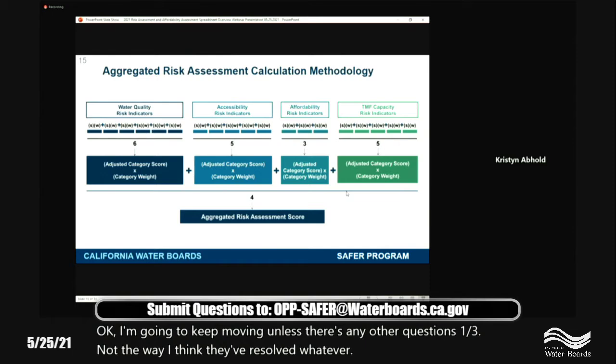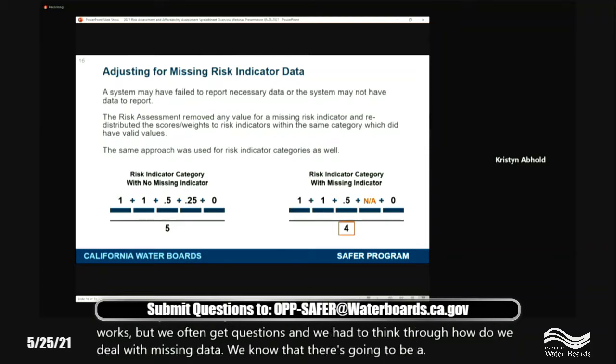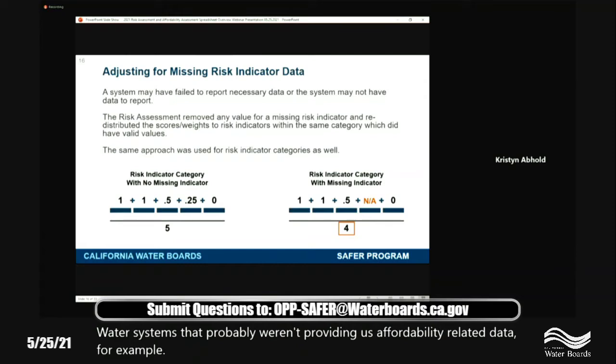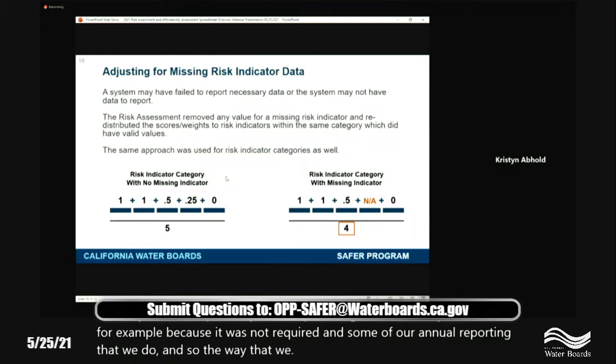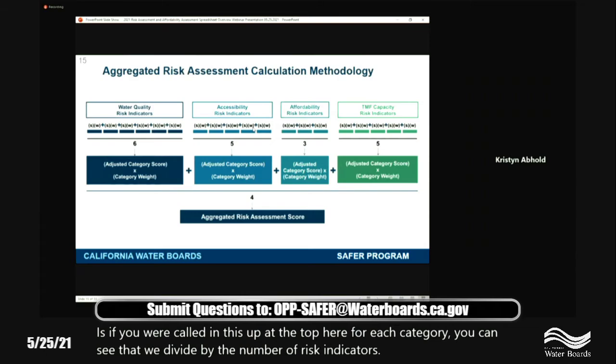Okay, so this is how the math works. We often get questions, and we had to think through, how do we deal with missing data? We know that there are going to be a lot of water systems that probably weren't providing us affordability related data, for example, because it was not required in some of our annual reporting. The way that we adjust for it is, if you recall, up at the top here for each category, we divide by the number of risk indicators in each category.